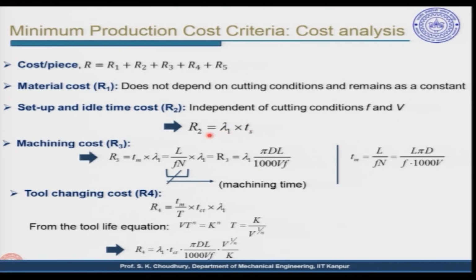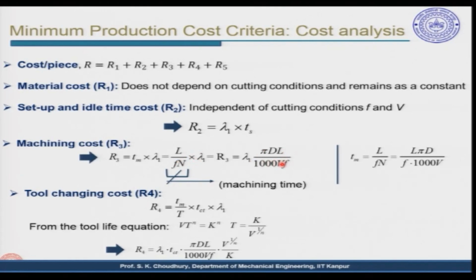Now, the machining cost will be the machining time Tm, and that has to be multiplied by the cost that we are incurring for that time, that is lambda 1, which is overhead plus the labor cost per piece. Now, the Tm, we know that this is L by Fn, and n can be substituted because pi dn is equal to velocity.